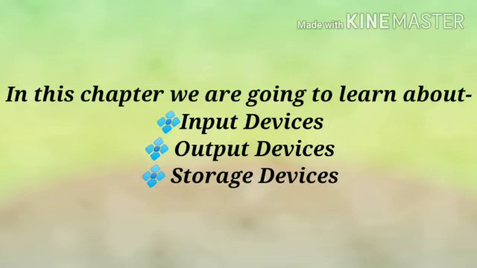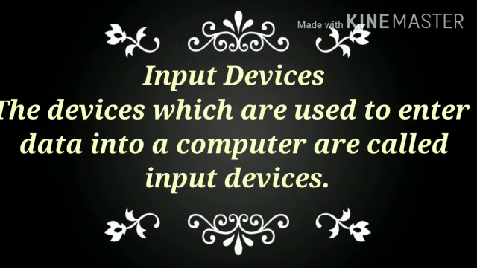Students, as you all know, a computer works on a three-step process: input, process, and output. Now, I will tell you about input devices. The devices which are used to enter data into a computer are called input devices.